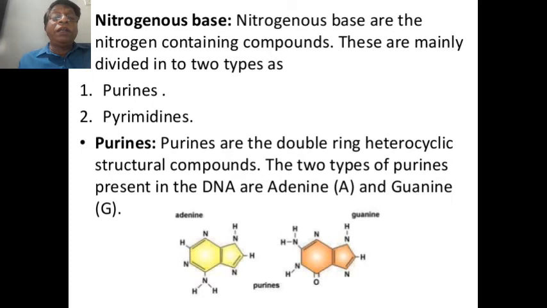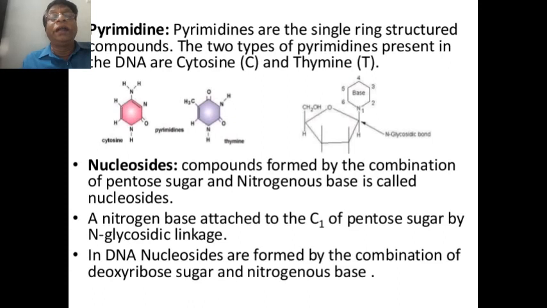The purines are two types, namely adenine and guanine. Adenine in brief A, guanine in brief G. You can see the structural formula of both adenine and guanine.